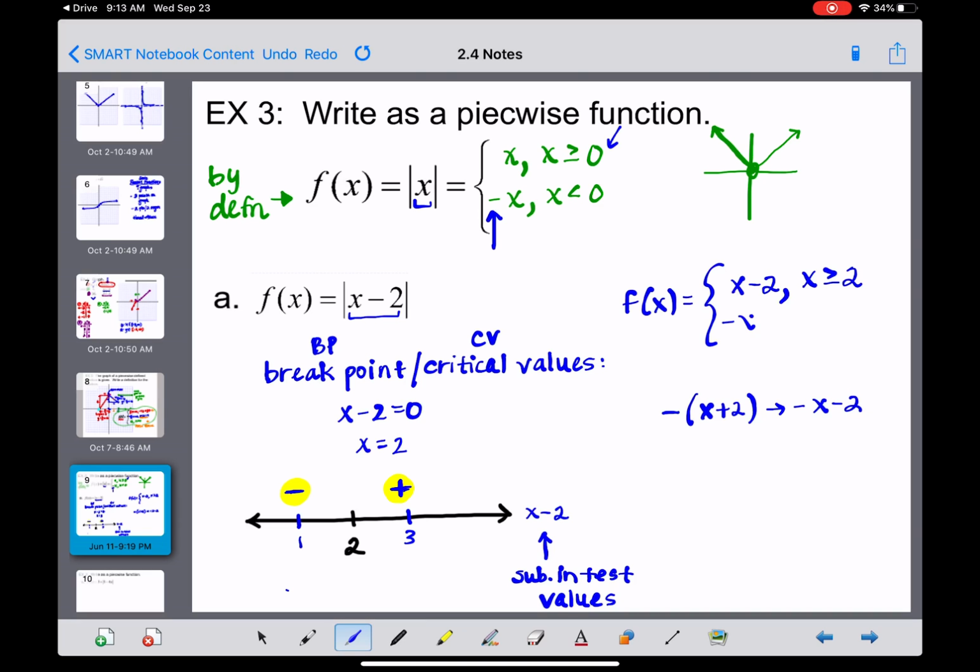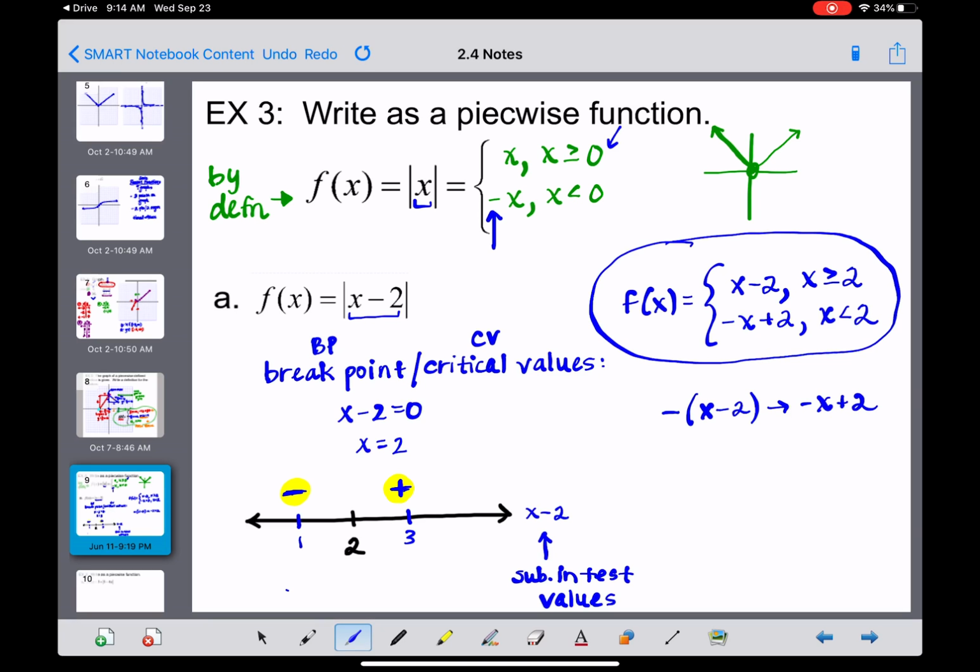I don't know why I changed that. Let me back up. It should be the opposite of x minus 2. My apologies. So it should be negative x plus 2, because both signs changed. Now that's going to occur, notice, when the numbers are less than 2. So that's going to occur when x is less than 2.